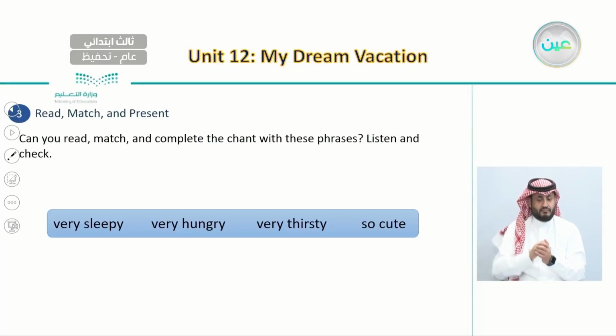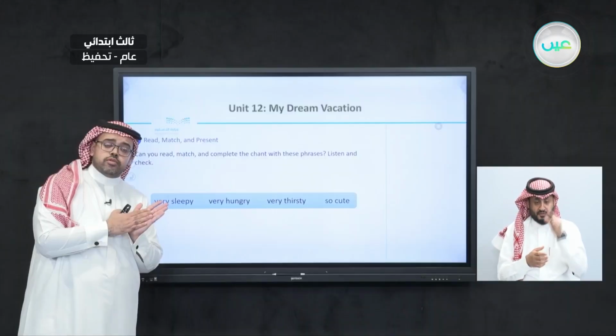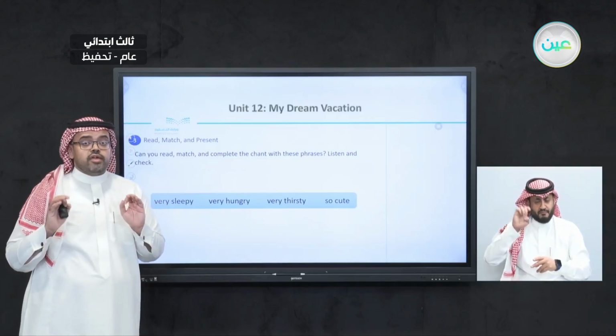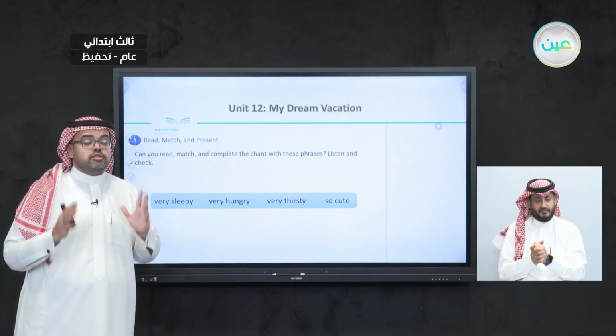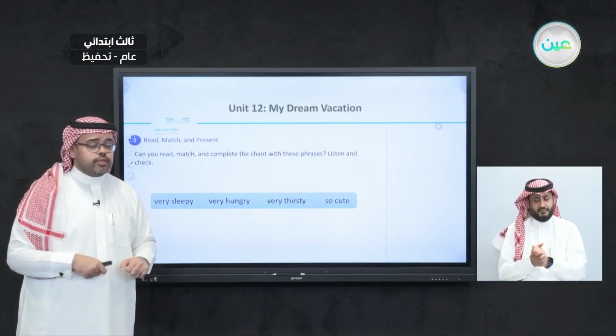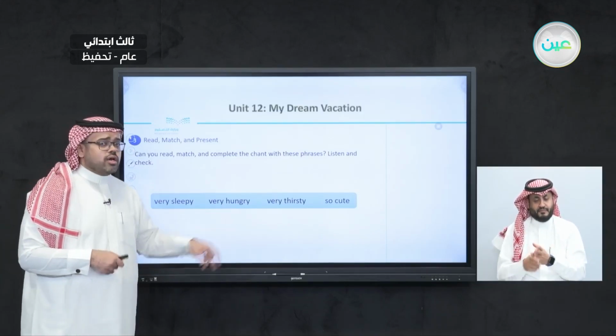So here we're going to read, match, and complete the chant with these phrases. Very sleepy. So here we have the word sleepy. A person wants to sleep. But when we say very, it means that he wants to sleep hard. He wants to sleep right now. The same goes for hungry. Not regular hungry.